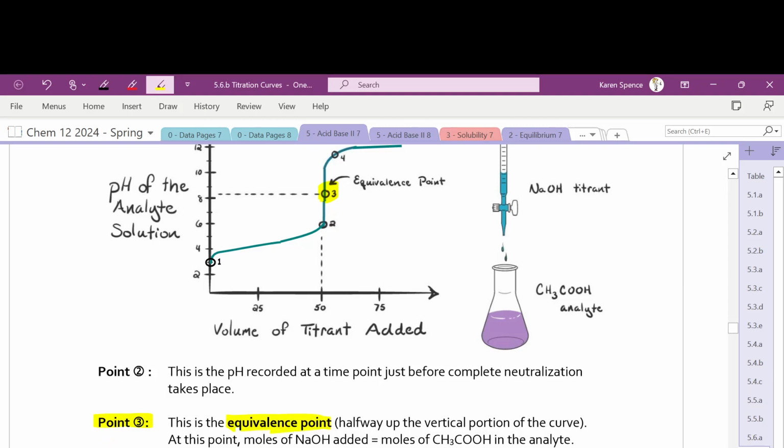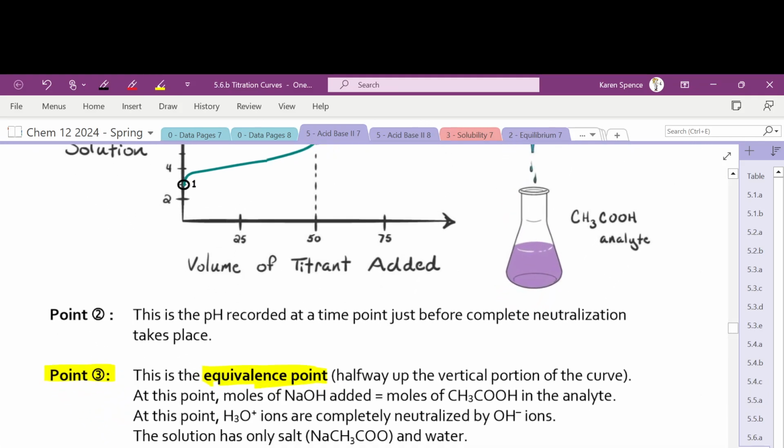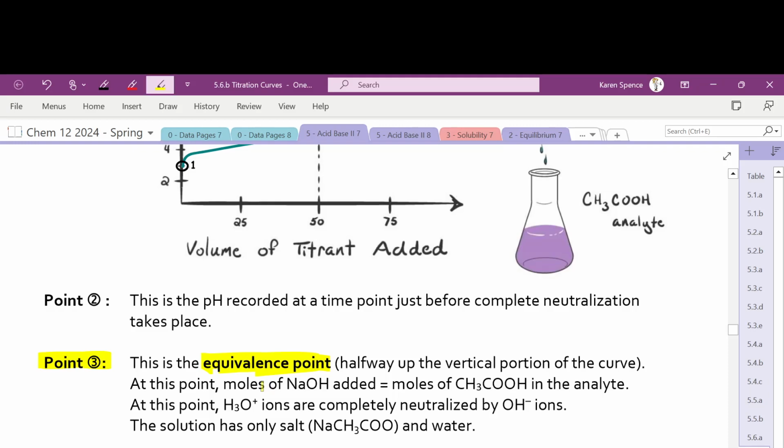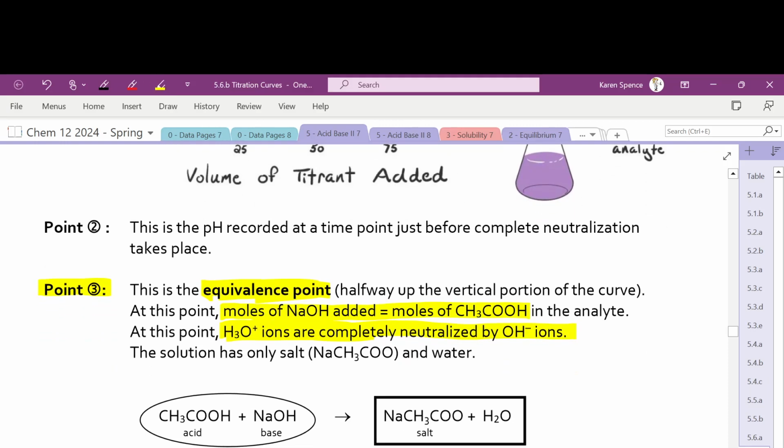So the equivalence point is halfway up the vertical portion of the curve. At this point, the moles of NaOH added equals the moles of CH3COOH in the analyte, and so the H3O ions are completely neutralized by the OH ions. So this is the actual reaction. We've got the CH3COOH, and these are all gone.